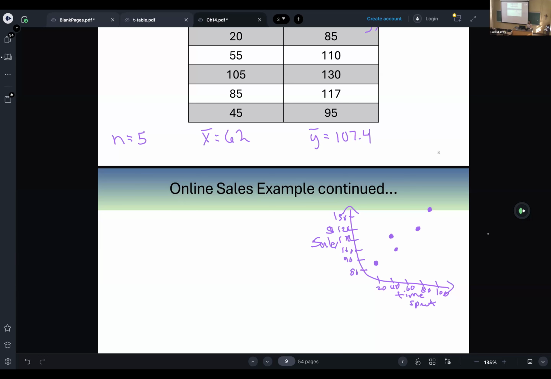We should get the sums of those squares, right? Which one should we do first? The X's, the Y's? We could just do one of them first.